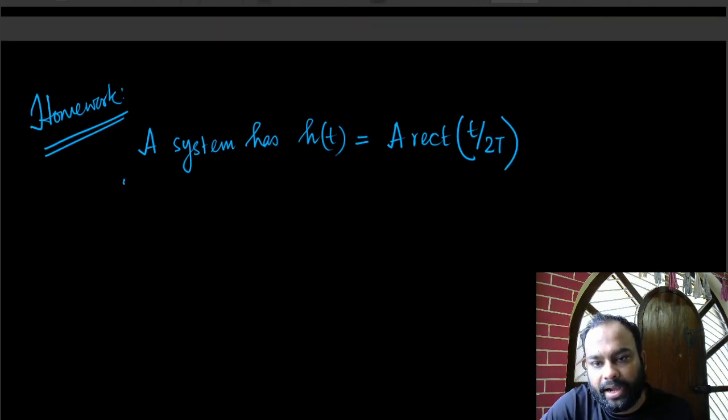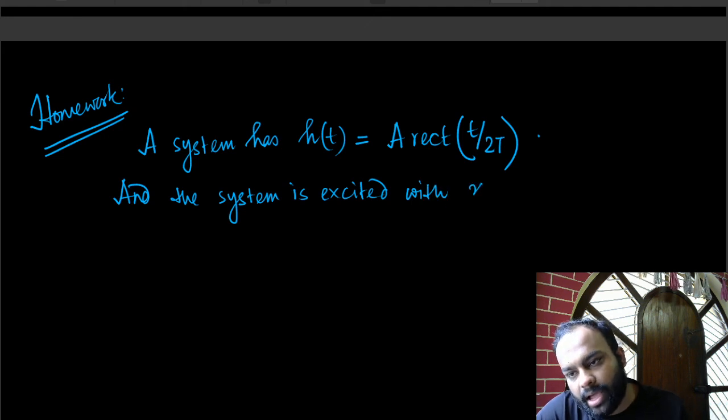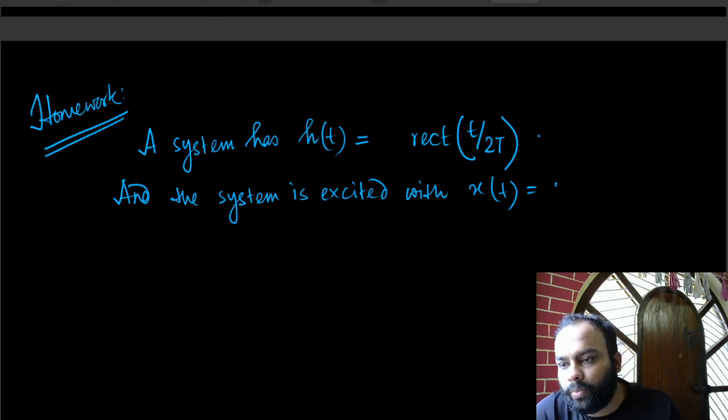And the system is excited with an input like our previous example. Let's consider this, remove this A, with cos 5t.